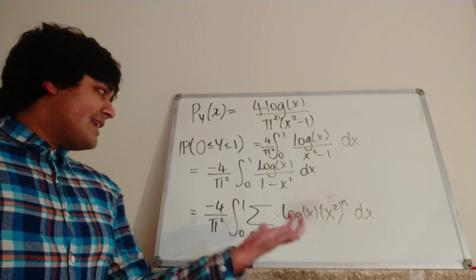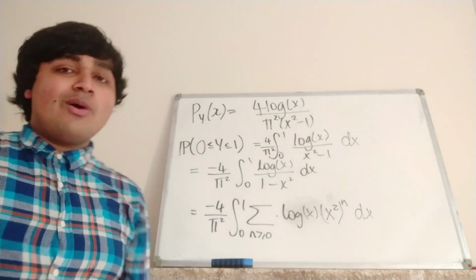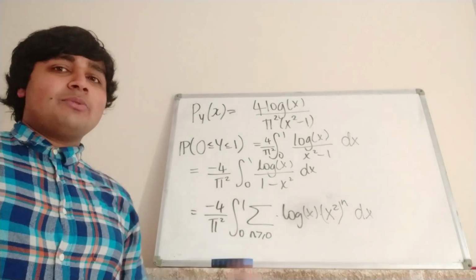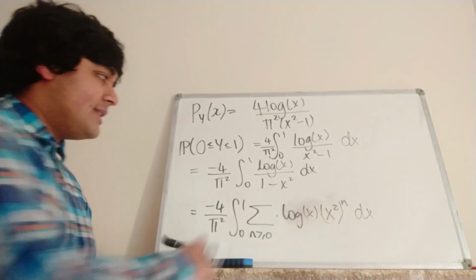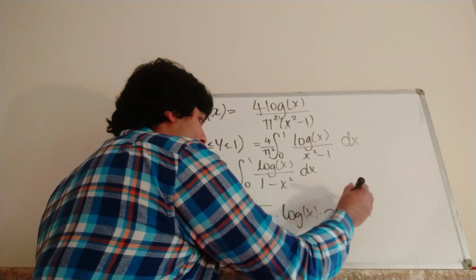Okay, so where does that come from? So the log x, we can sort of bring out this summation, it doesn't really matter, but we have 1 over 1 minus x squared, so that's a sum from n equals 0 to infinity of x squared to the n, and of course we can actually just write this as x to the 2n dx.